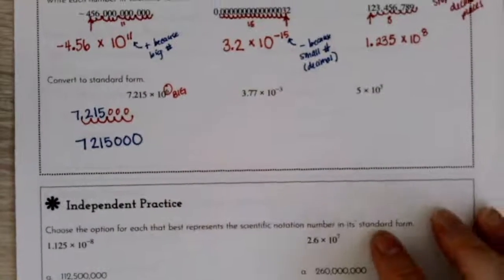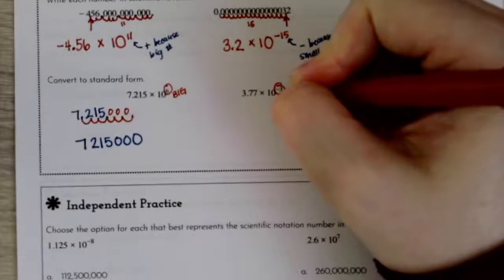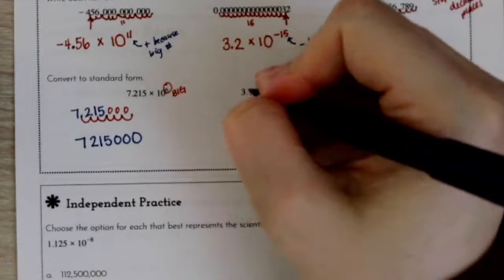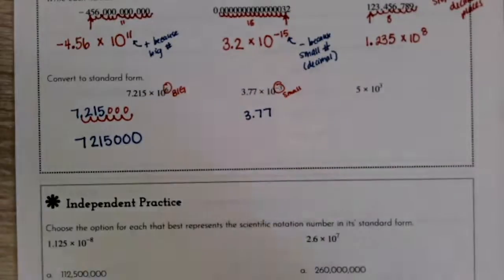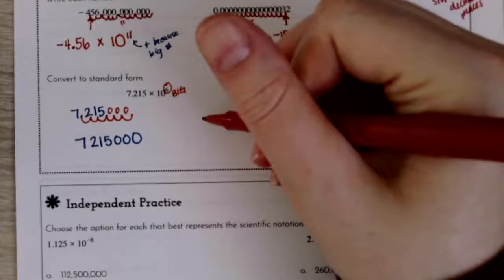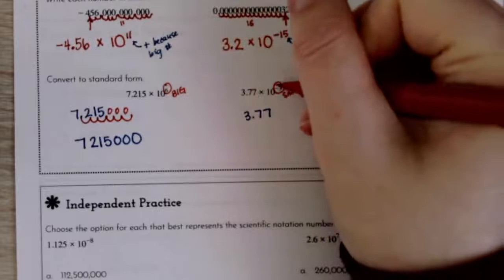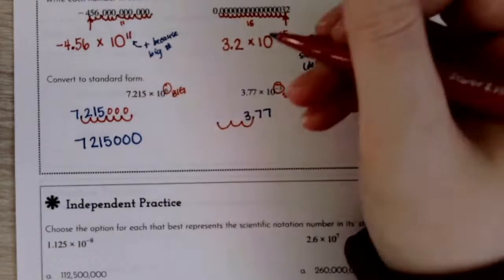Next one, same thing. So we are going to look at the exponent first, and since this is negative, this is going to be a small number. So rewrite this beginning piece to give yourself some room. But then small numbers need the decimal at the beginning, so I need to move my scoops to the left instead of the right. And I only need to scoop 3 times. So 1, 2, 3.